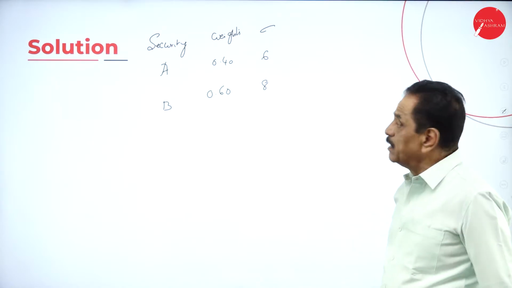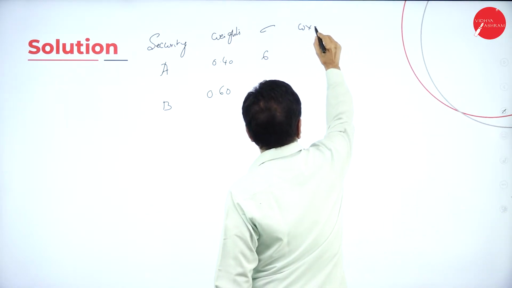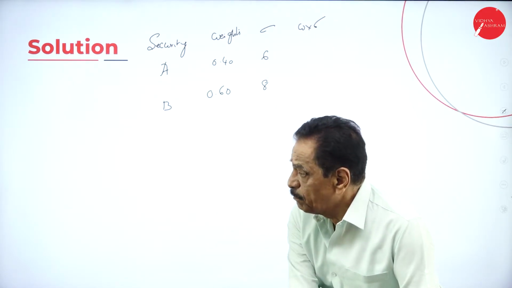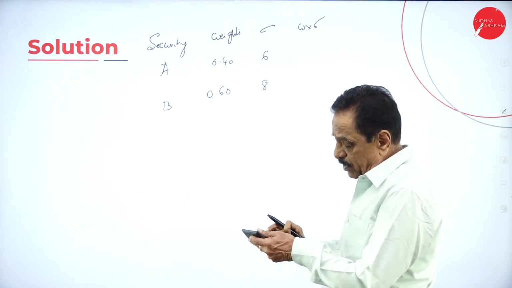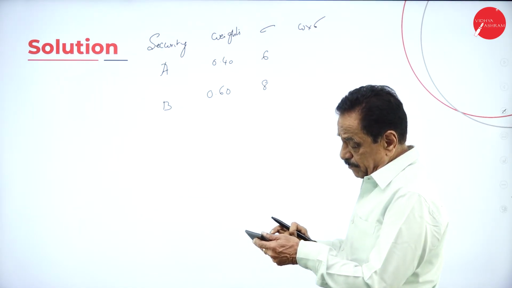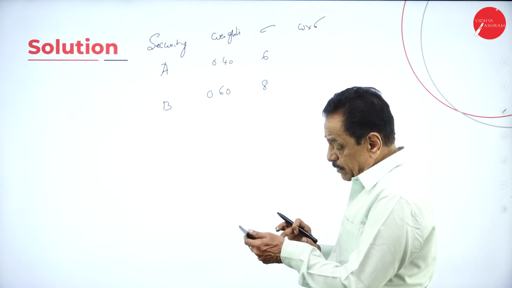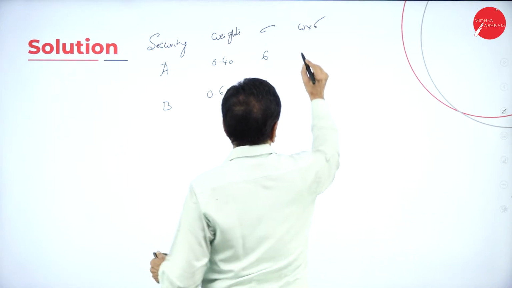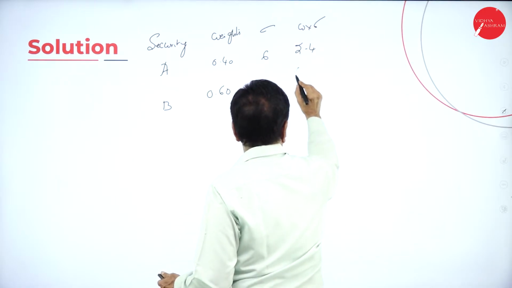Multiply weight into standard deviation. So 0.40 into 6 is 2.4. 0.60 into 8 is 4.8.